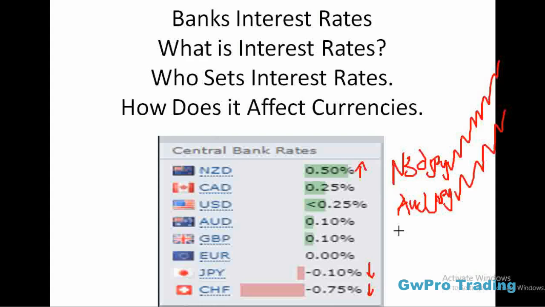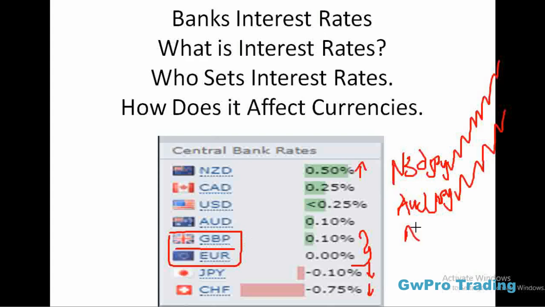You want to also see this are neutral. GBP and Euro are neutral during the risk. They are neither risk on or risk off currencies. All right, I'll show you as we progress why these are neutral during risk on and also risk off.